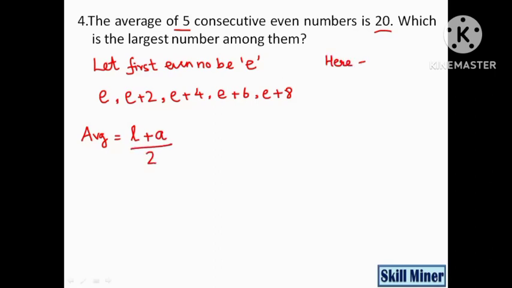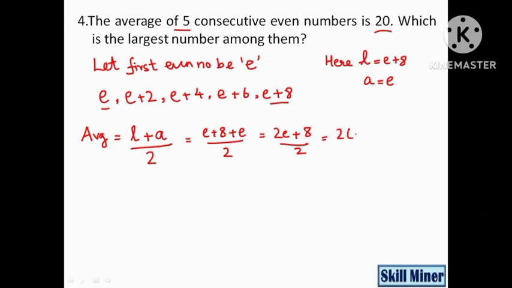Here L is equal to E plus 8, A is equal to E. Final value is E plus 8, first value is E. So average will be E plus 8 plus E divided by 2, which is equal to 2E plus 8 divided by 2. I am taking 2 commonly outside: 2 times E plus 4 divided by 2.